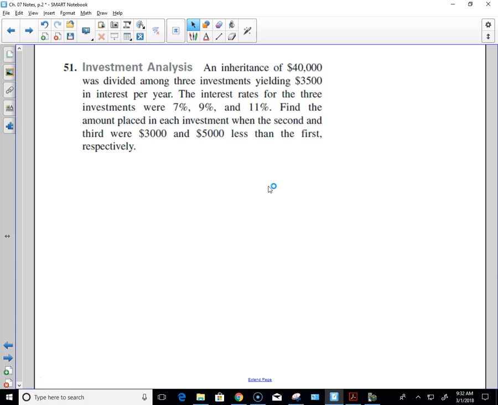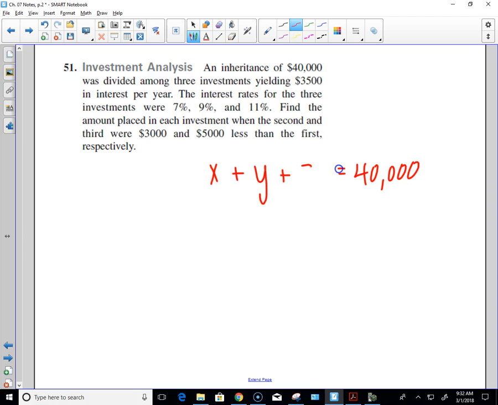What's the total? How much money is there? 40,000, right? How many different investments are made? Yeah, I see 3 different accounts, right? So it got split into 3 different pieces, and I'm not exactly sure how much money got put in each account. It got split in 3 different pieces, totaling the $40,000.